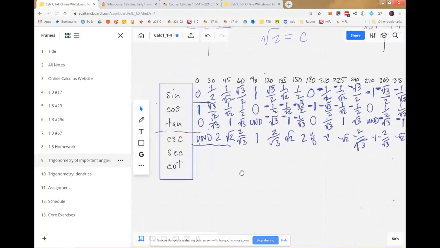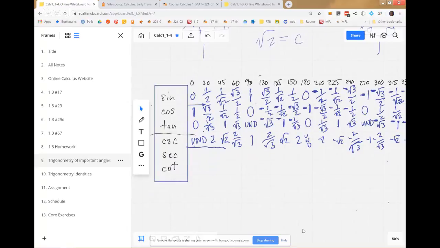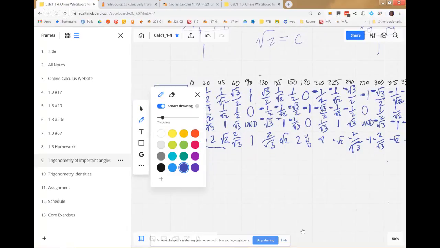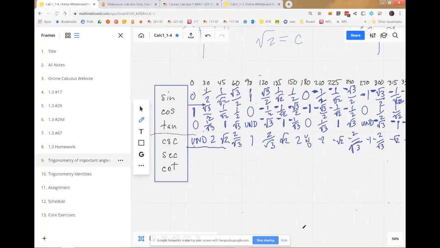Now we're doing secant, so we're going to be doing the reciprocal of the cosine. Okay, so 1, 2 over square root 3, square root 2, 2. Can't take the reciprocal of 0.